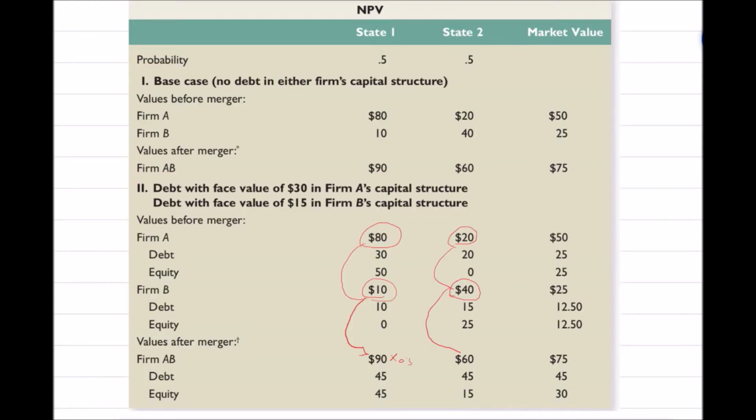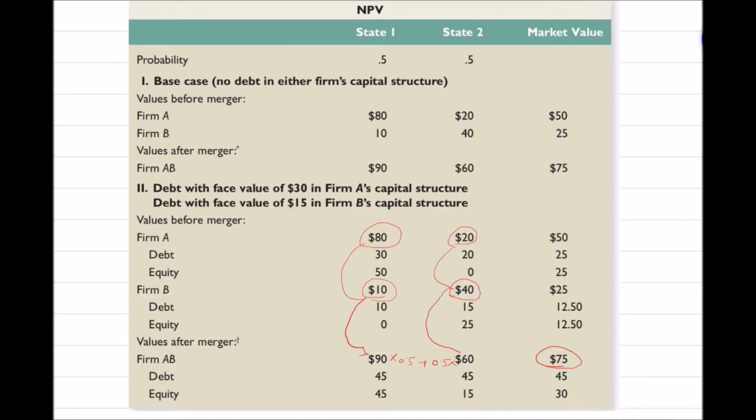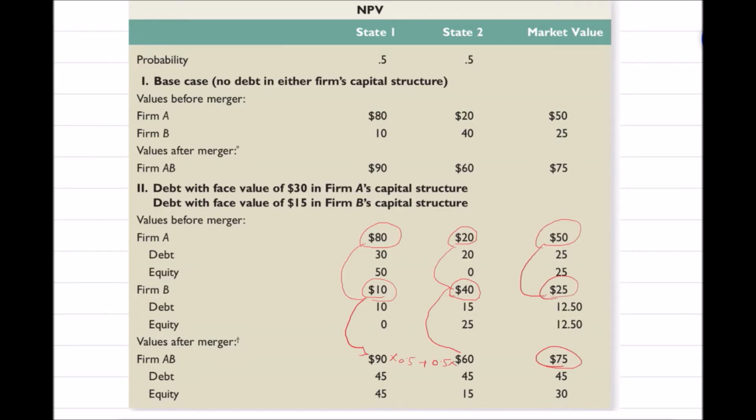You can multiply them with their probabilities and add them up and get $75 value of a merged firm. Or you can just add these two numbers and again you will have this $75.